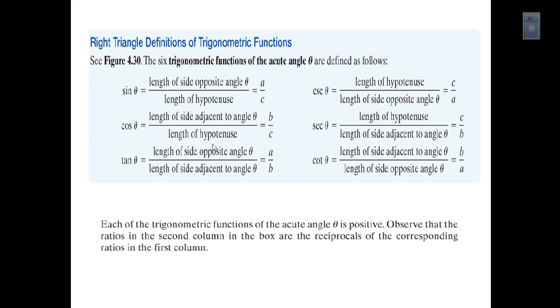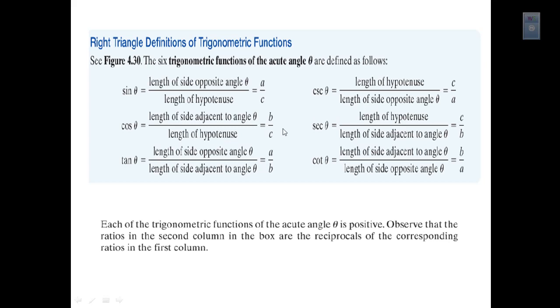The ratio is always going to be the same. And that's what all these things are. The sine, the cosine, the tangent, the cosecant, secant, and cotangent, they're nothing more than the ratio of the sides of a triangle. And they are a way to relate the sides to one another according to whatever angle we have there.